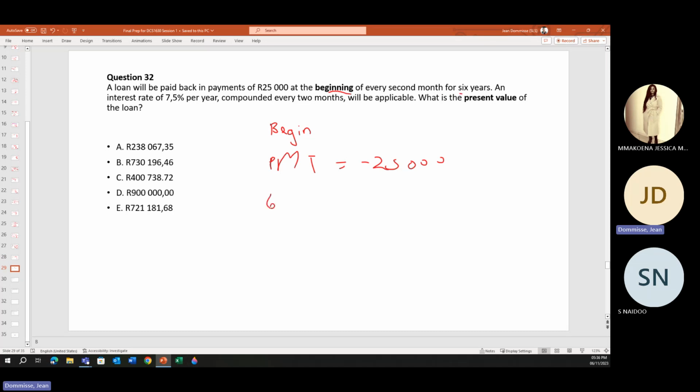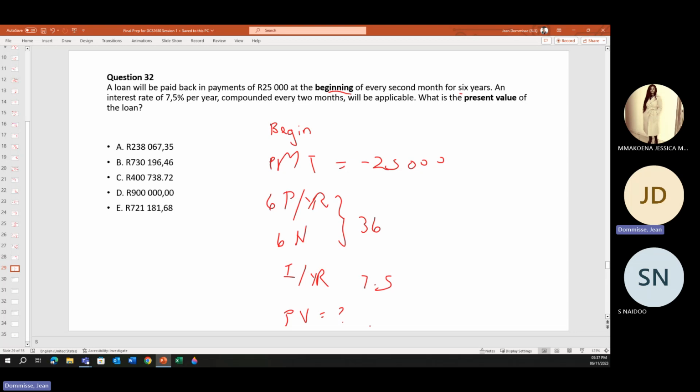So every second month, it is 6 times per year, for 6 years. That will be 36 periods. And the interest rate is compounded every 2 months, so we've got our interest rate of 7.5. And then what is the present value?